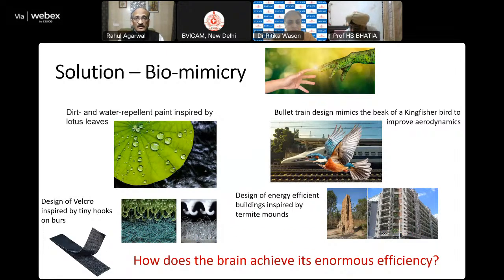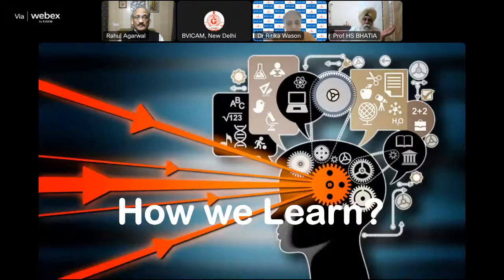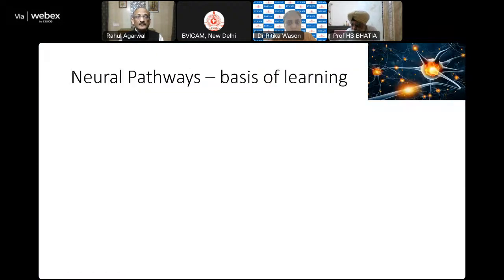So can we take some clue from that, and how do we achieve brain's efficiency to find out what can be done in terms of our computing resources? So question is how we learn. We follow an approach of neurons.